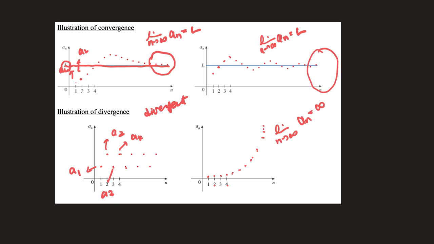So keep in mind that convergence means the end behavior of the sequence approaches a certain number. Divergent is alternating, never close to one number, or the sequence is increasing and going to infinity. That illustrates convergence and divergence.